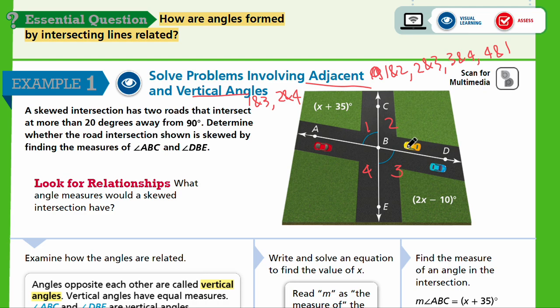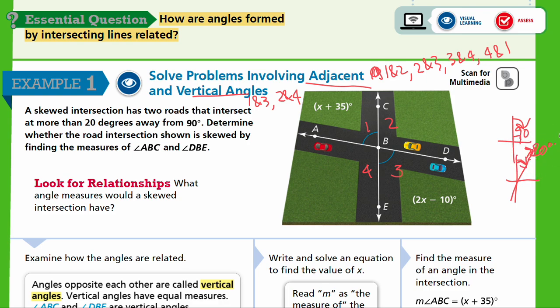So 90 degrees is this, a right angle. It's skewed if it is more than 20 degrees away from 90.